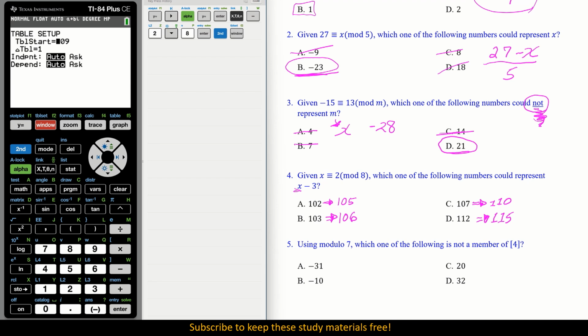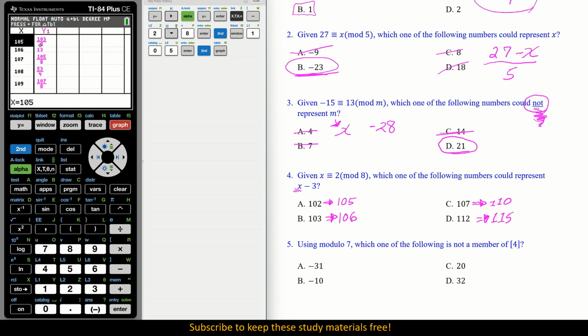So second window, I'm at 109. Let's go ahead and go to 105. Okay, then go second graph. And that is not an even value. Okay. You know what? Come to think of it, let's also check this other value, the value that's given in our ABCD option.